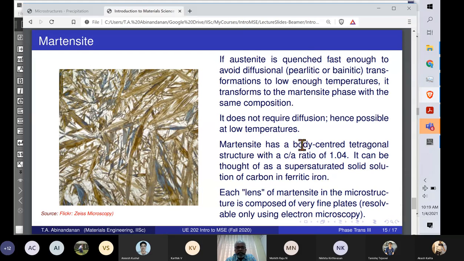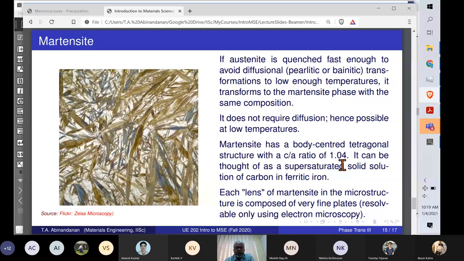This martensite in steels with carbon is effectively a body-centered tetragonal structure with a C/A ratio of 1.04. As you can see, if it were 1, it would be BCC, and that itself gives you a clue. It can be thought of as a supersaturated solid solution of carbon in ferritic iron.